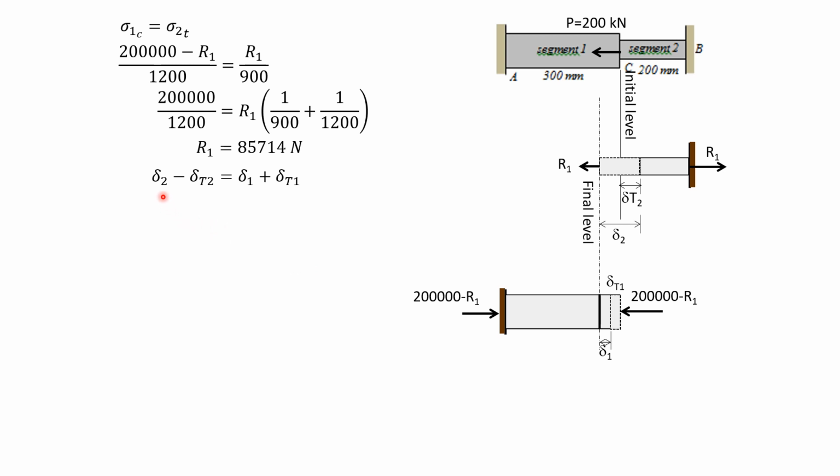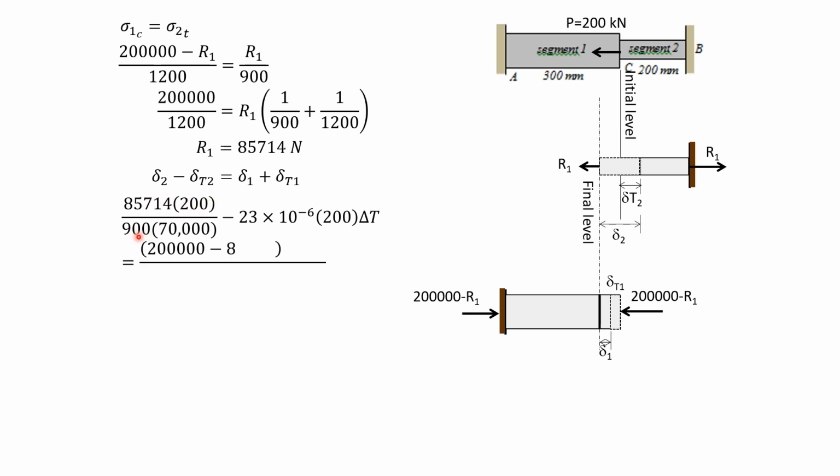Delta 2 is stress in segment 2, which is 85,714, force in segment 2, length in segment 2 over area of segment 2, E of segment 2, minus coefficient of thermal expansion in segment 2 times 200.